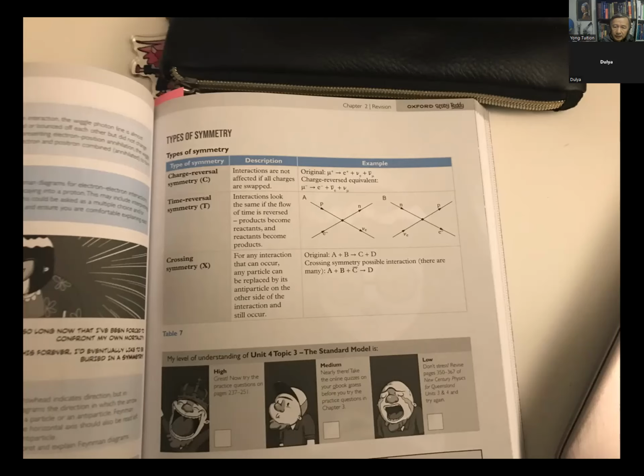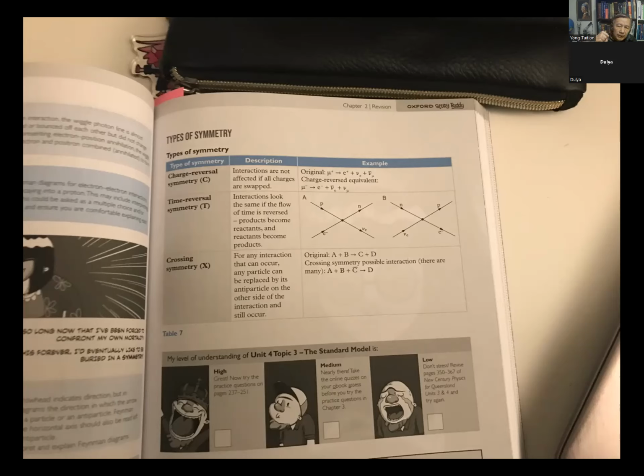Basically the first one is the original, which is mu positive becoming a positron, a neutrino and an anti-neutrino. Now, if you change that, you have to swap the positive to negative, you see? And in the meantime, you have to change matter to antimatter. Can you see?